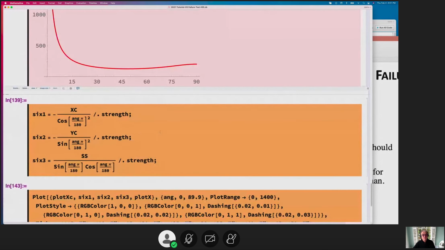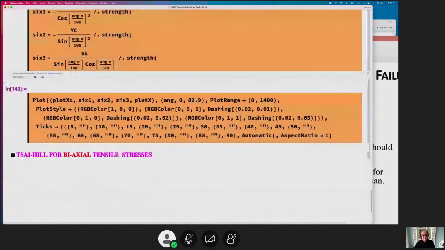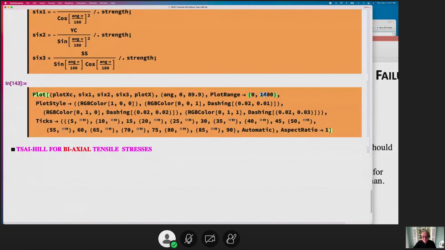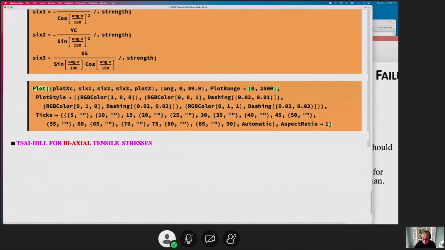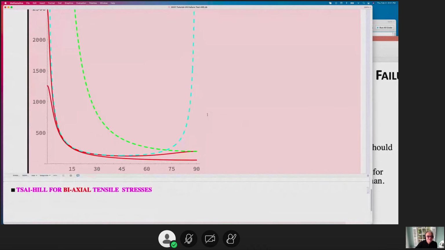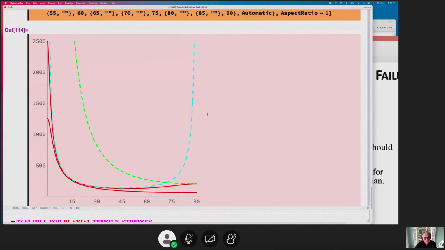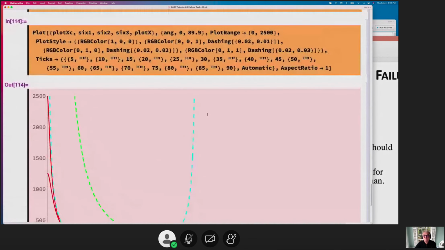If I do the same thing for the max stress criteria, and make this 2500, again, this is what I get, but this time my colors got mixed up. RGB reds, blue.